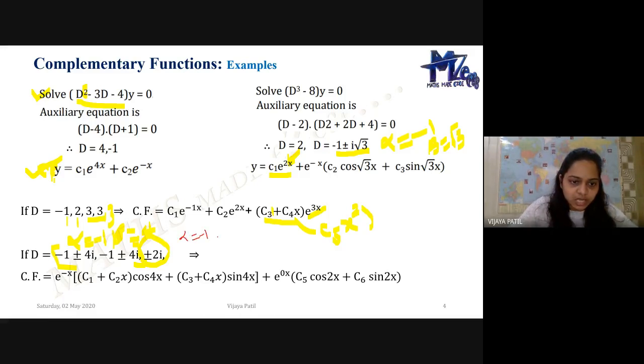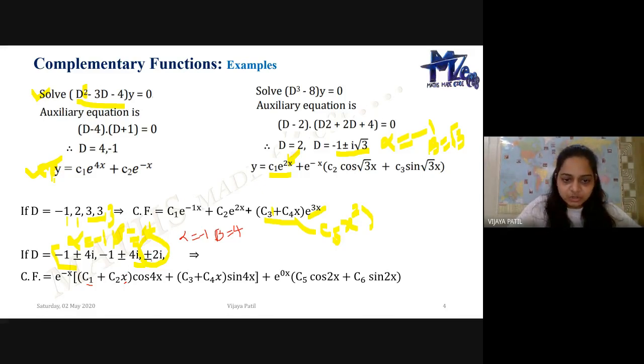So I need to assume here e to the power -x, and as it is repeated 2 times, it's C1 plus C2x into cos of 4x. Cos of 4x is my cos of beta x, plus C3 plus C4x into sine of beta x, that is sine of 4x. And here is e to the power alpha x, alpha is -1 here. And how many roots have we got? 1, 2, 3, 4 roots. So C1, C2, C3, and C4 got introduced for this particular pair here, right?